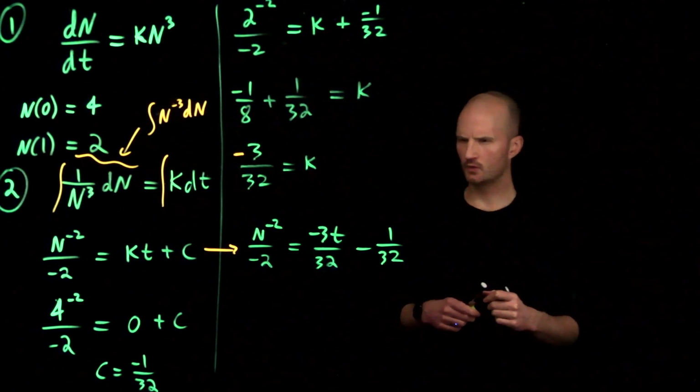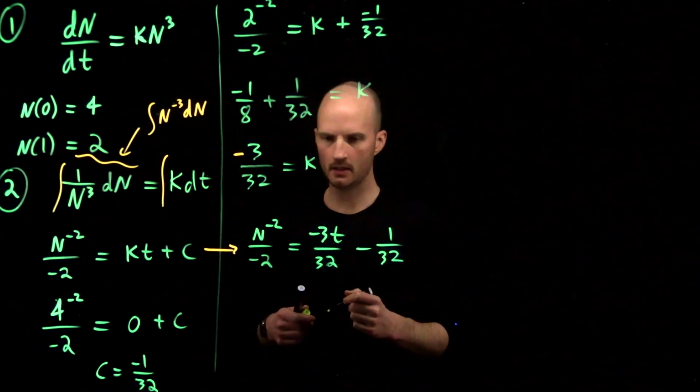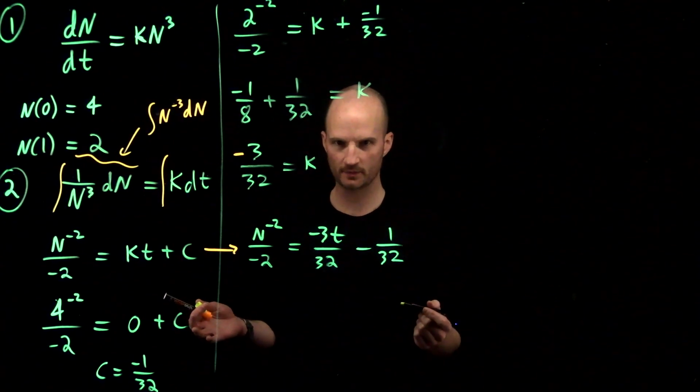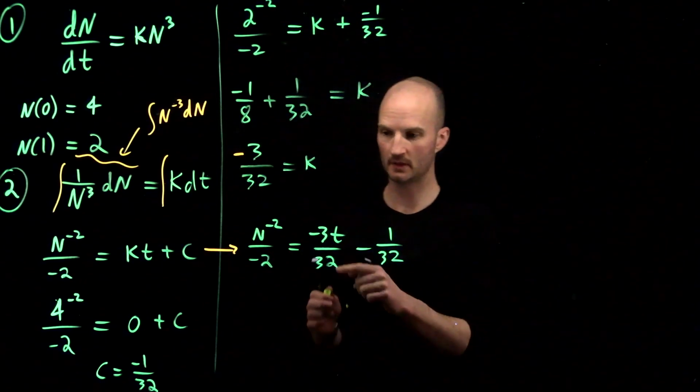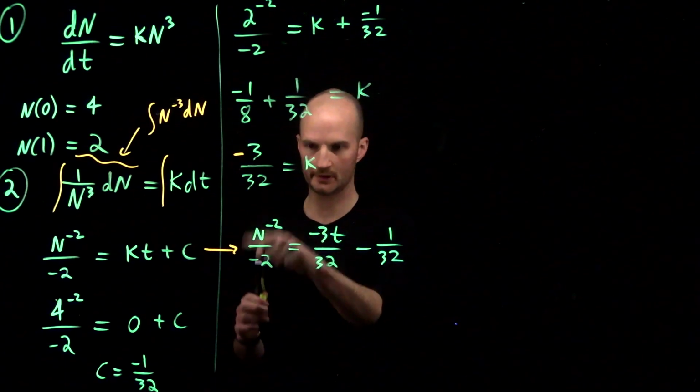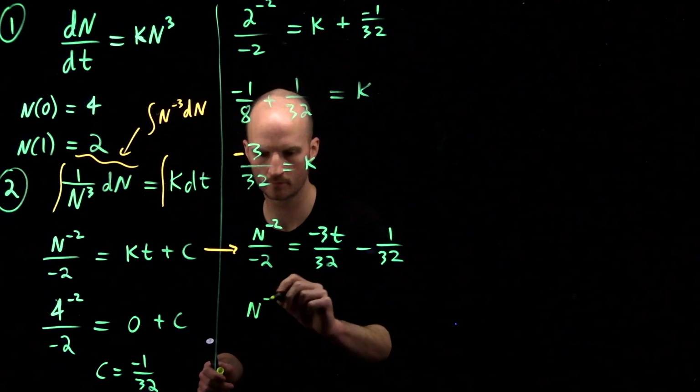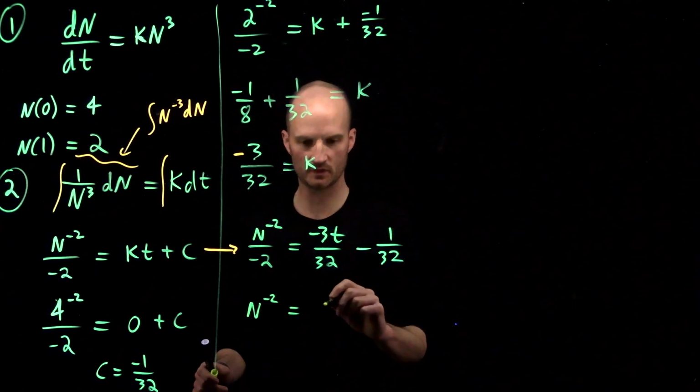What to do? I want n right now. I'm trying to find n in part 2 here. So I'm going to multiply both sides by minus 2. That will clear the fraction, at least over here. So what does that do for me?